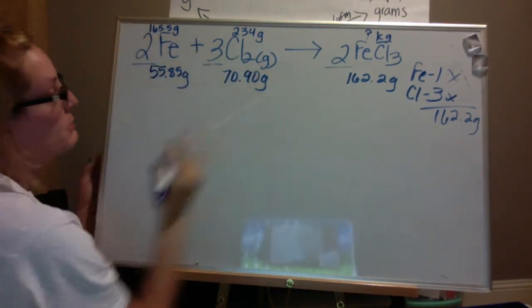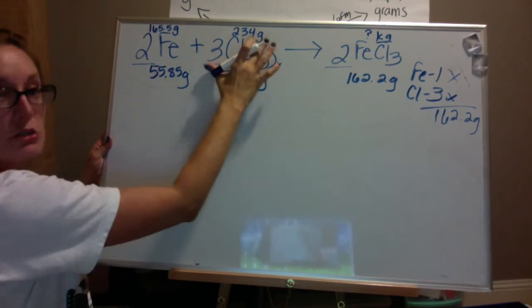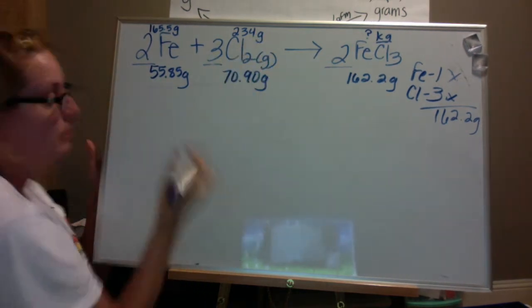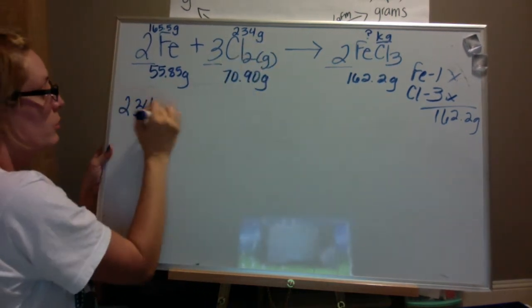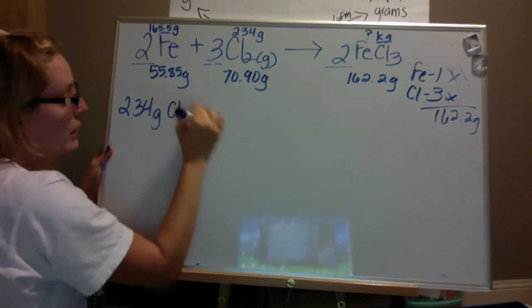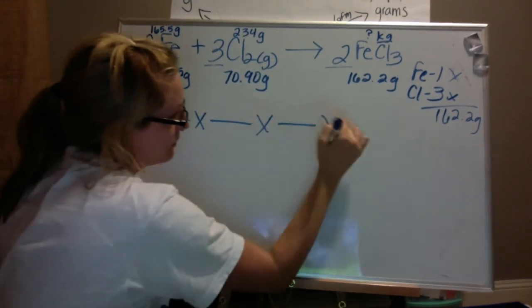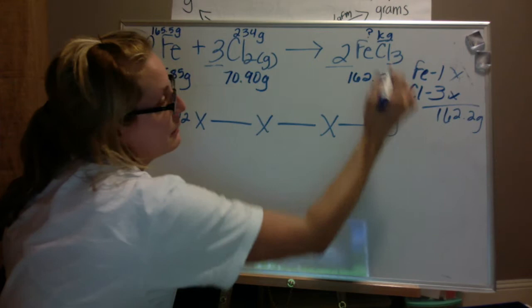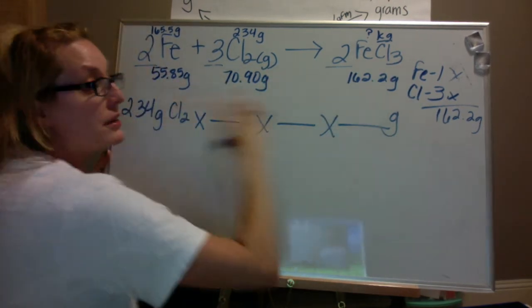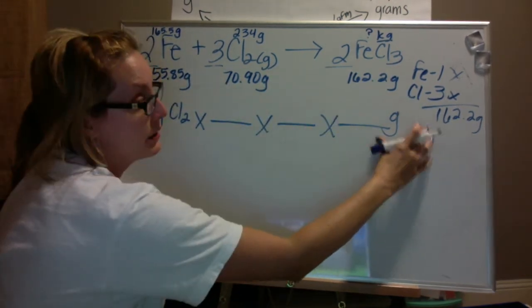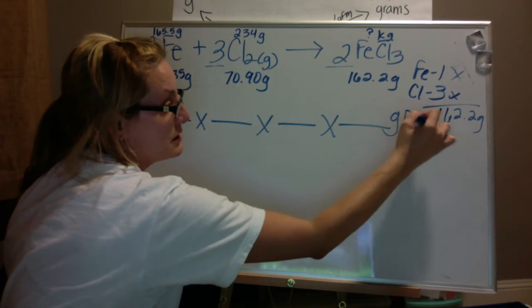So now I can start with my first mass problem. I said I was going to start with chlorine. Doesn't matter where you start. 234 grams chlorine, and I'm going to grams. The only thing I can go to is grams here of FeCl3.